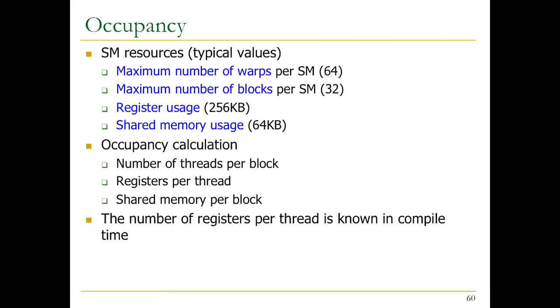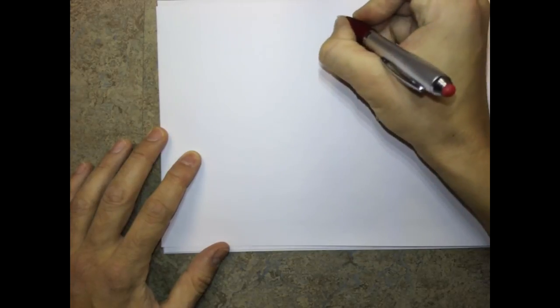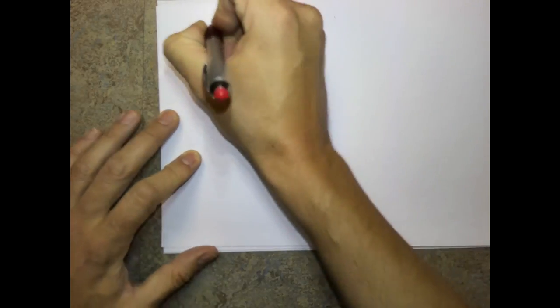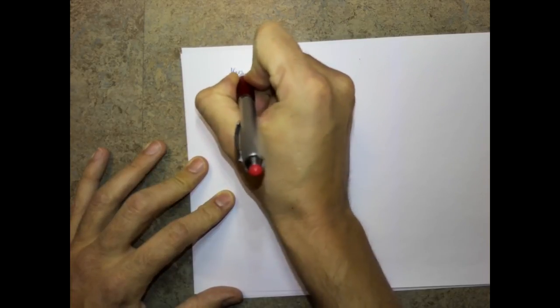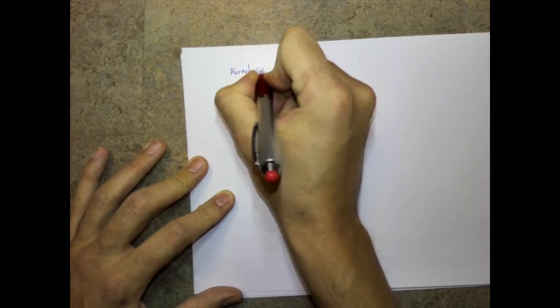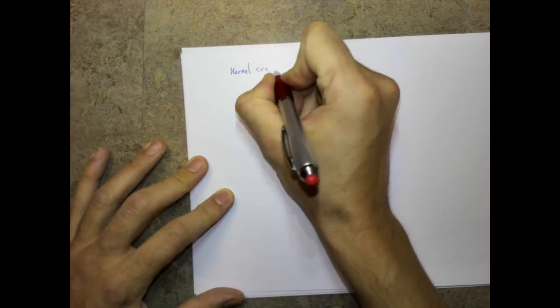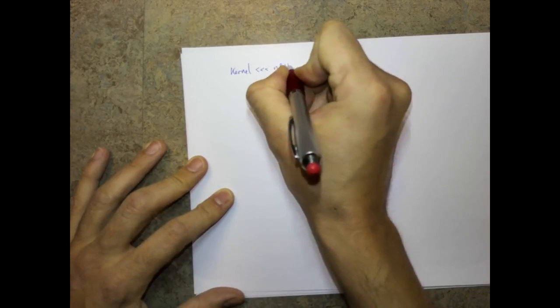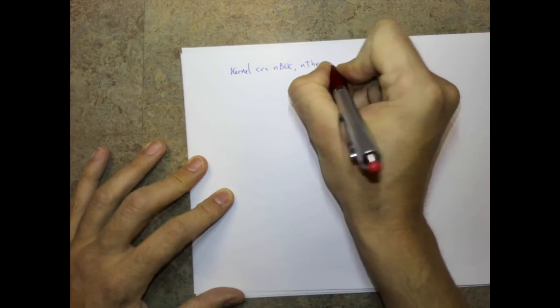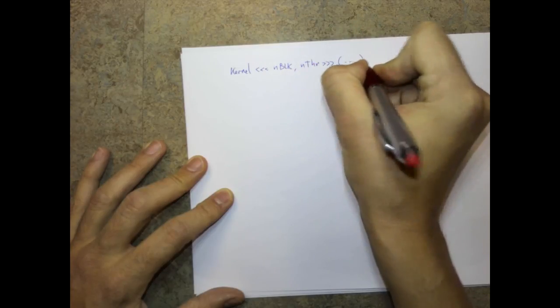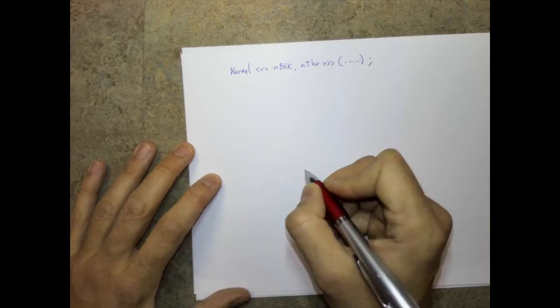Just in case this is not completely clear, let me give you an example here. So we know that in our kernel launch, we want to launch a certain number of blocks, and each block is going to have a certain number of threads, right? And here we have our arguments, okay?